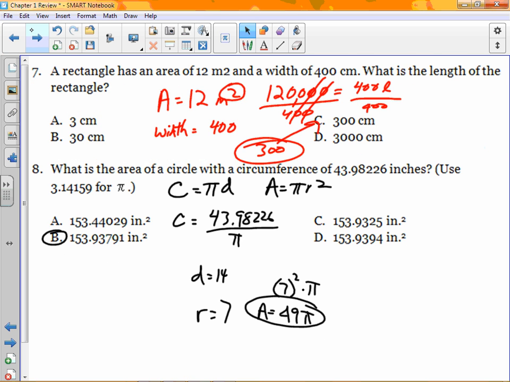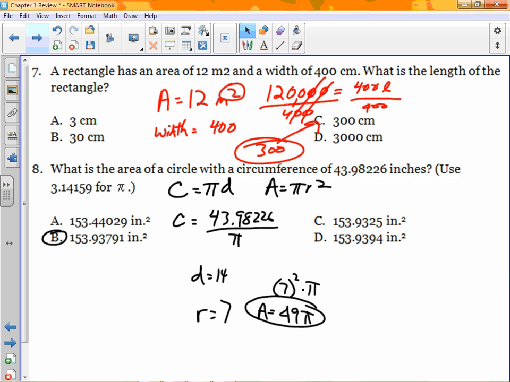Look at number 7. Number 7 was very similar to that. It said a rectangle has an area of 12 square meters. Now every time I go down my King Henry died drinking chocolate milk, every time I move that down, now it's 2 decimal places.